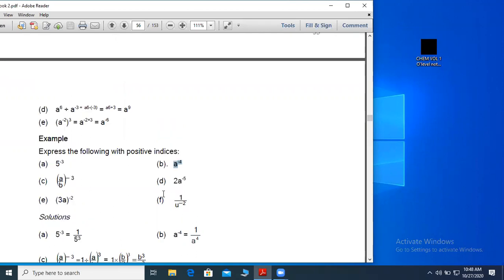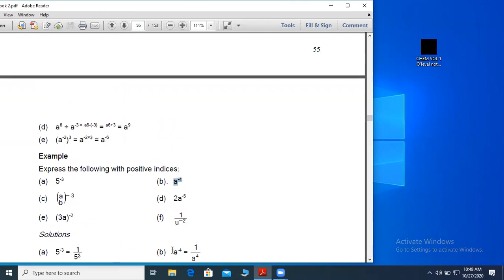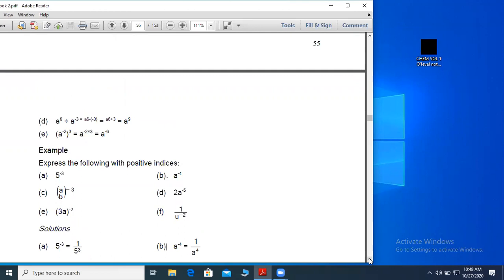So 8 power negative 4 is the same as 1 out of 8 power 4. You just change the negative 4 to positive, and you get 1 divided by that answer. That is the positive rule of indices from negative.